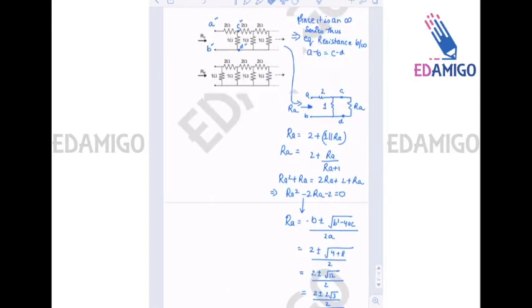So now I have to find RB. There is a difference in the figure of RA and RB.